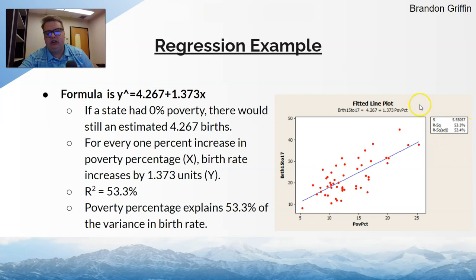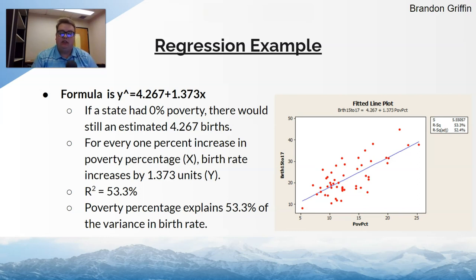We can look at this graph over here. On our x-axis is poverty percentage. On our y-axis is the number of births for 15 to 17-year-olds. So, if we think back to our high school math class, what is the y-intercept? The y-intercept is the value of y, or the dependent variable, when x, or the independent variable, is 0.